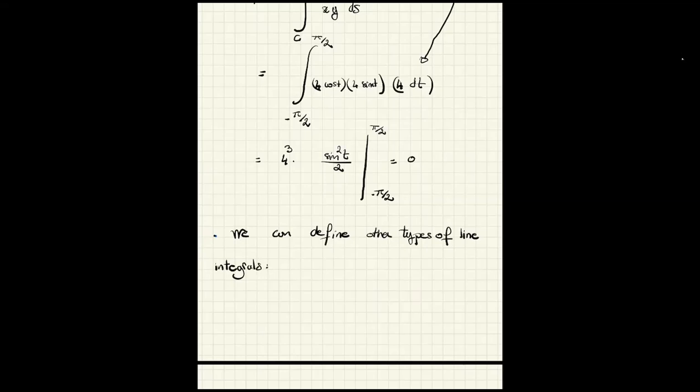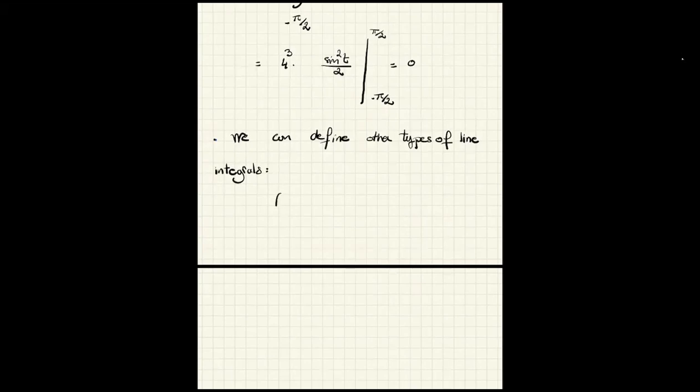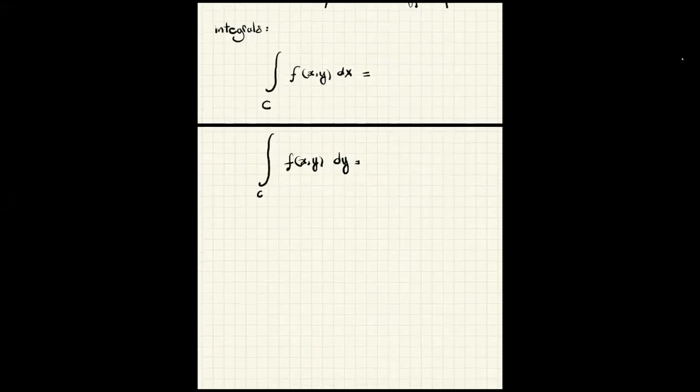So the first one is, you integrate a function, you take a curve, take a function of two variables, and now instead of ds, you're gonna take dx. I'm gonna tell you in a moment what this dx means, right? And then we can also define another type of integral, which is f of x, y dy, okay?